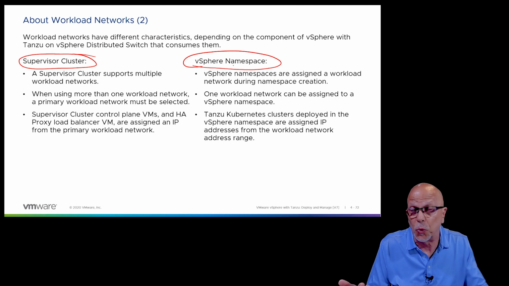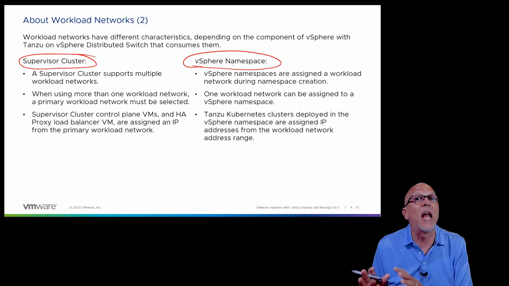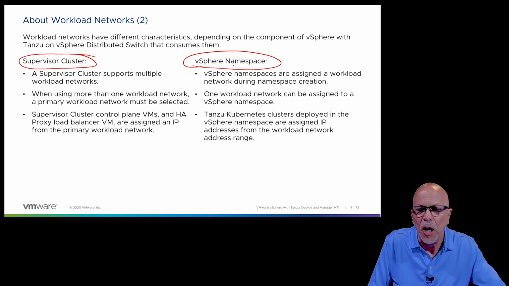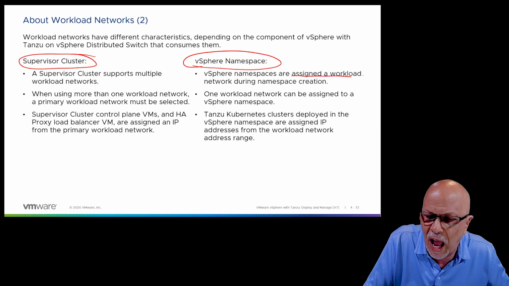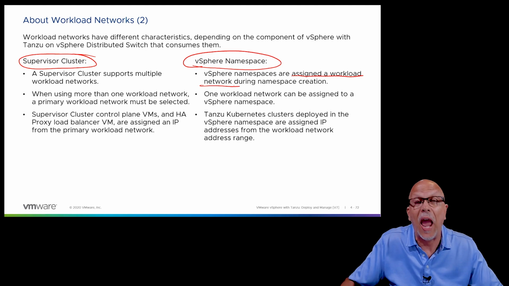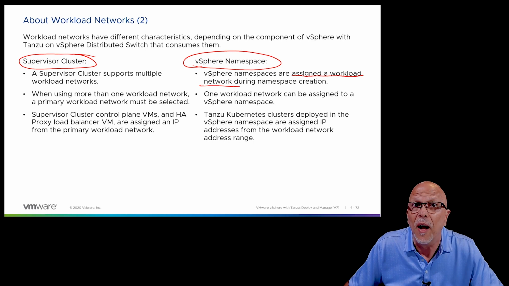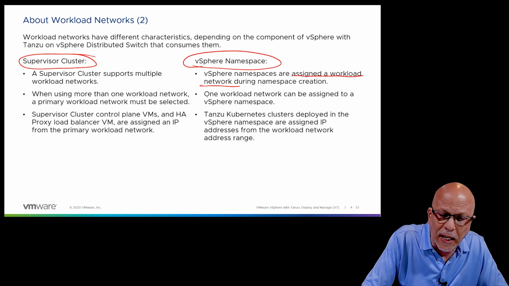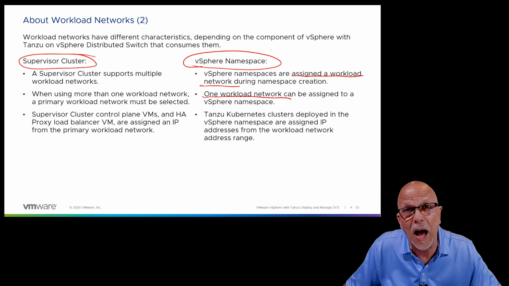And one of it is we're saying, oh, this is a namespace that's not going to be running through NSX-T. So you're going to have to assign to that namespace a workload network that's going to be matched to it. You can only assign one workload network to that namespace.